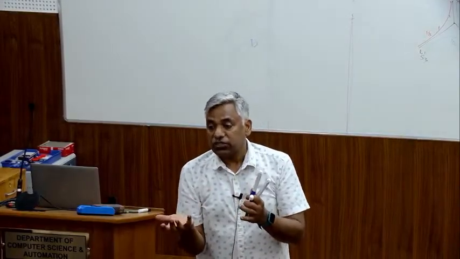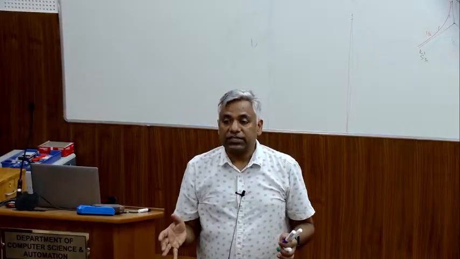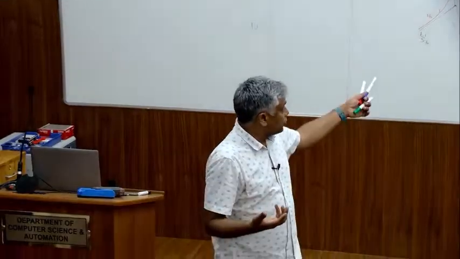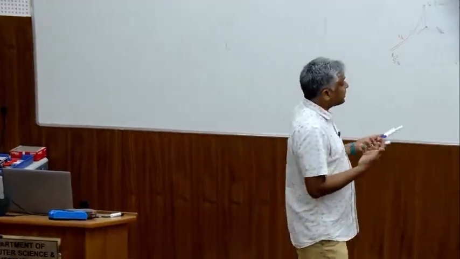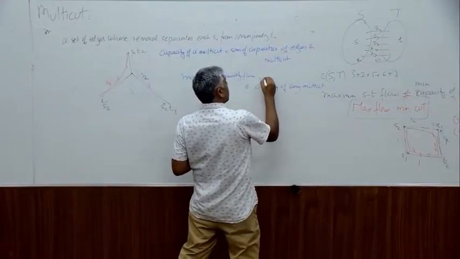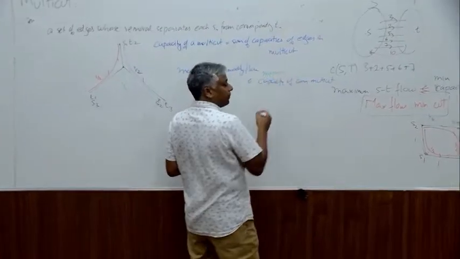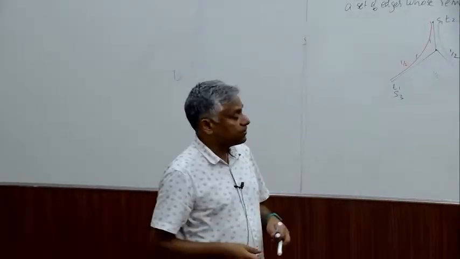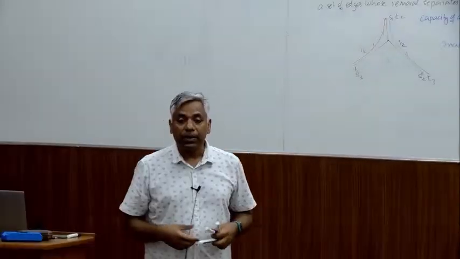If it has to go over those edges, then the flow value cannot be more than the total capacity of these edges. So this statement should be obvious. And since it is any multi-cut, it's also true for the minimum multi-cut.